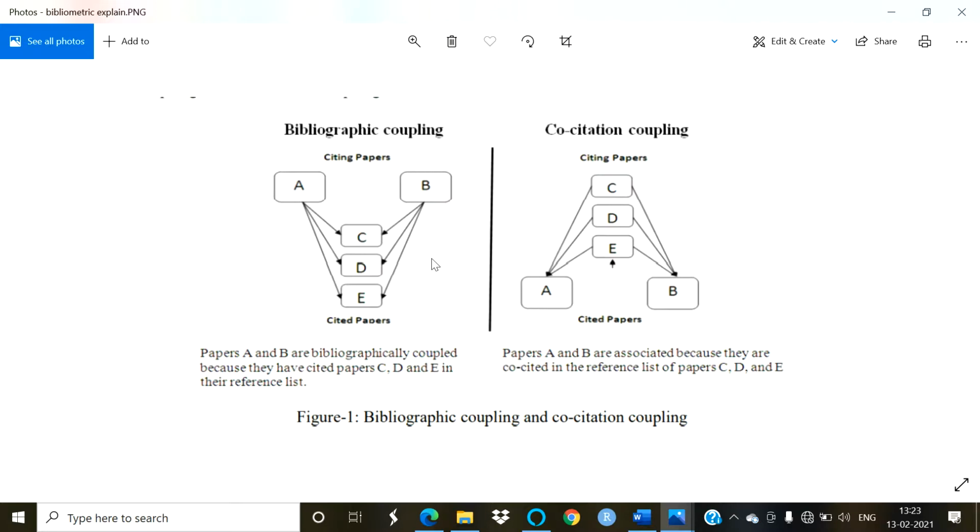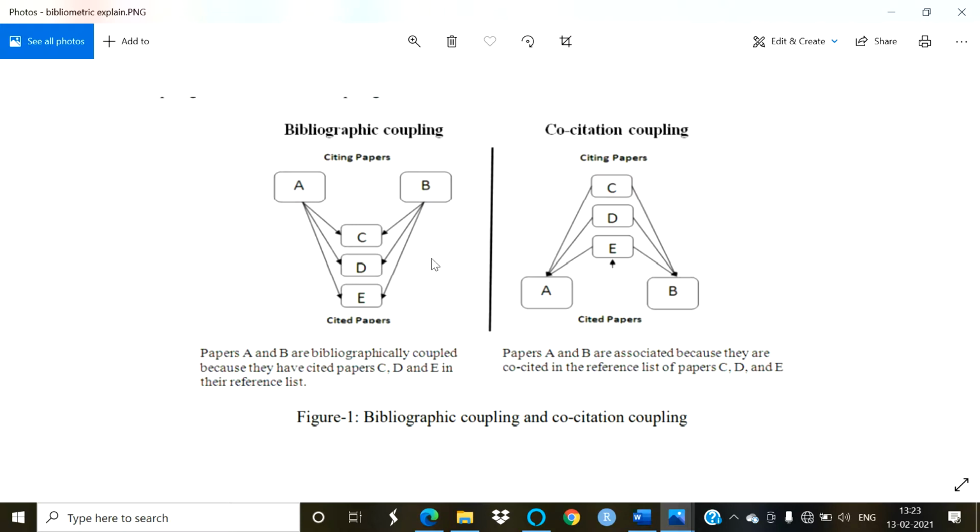Suppose there is a well-known document, Kessler 1963, which explained the concept of bibliometric coupling. Those who want to write a paper in the field of bibliometric coupling, or using the methodology of bibliometric analysis to explain any other field, whether it is medical science, computer science, or finance, will definitely use Kessler's reference to explain the concept.